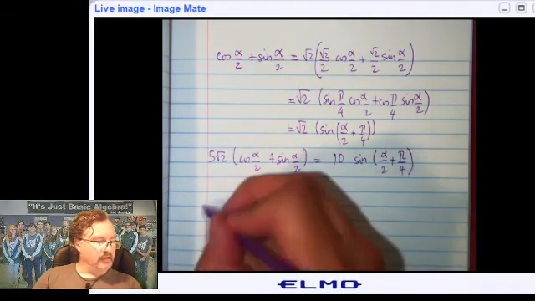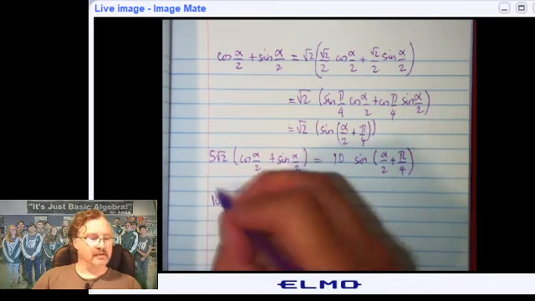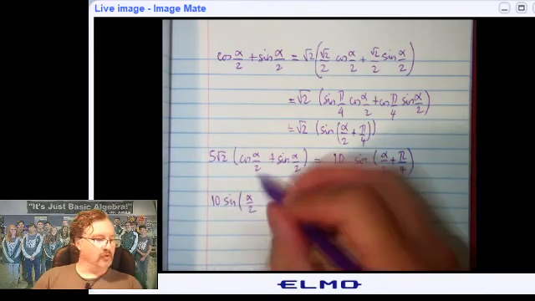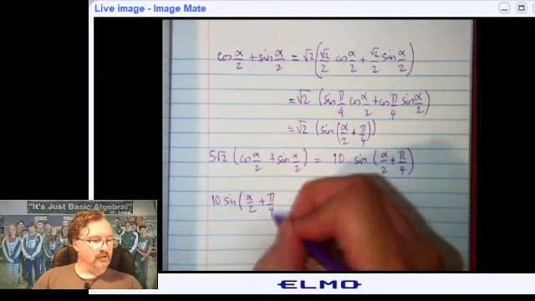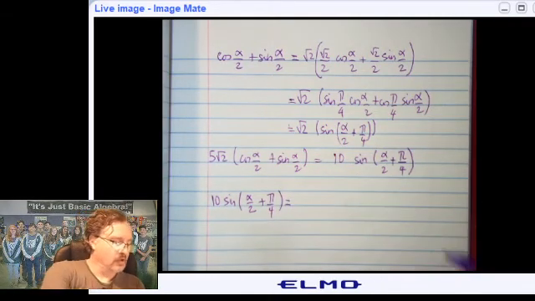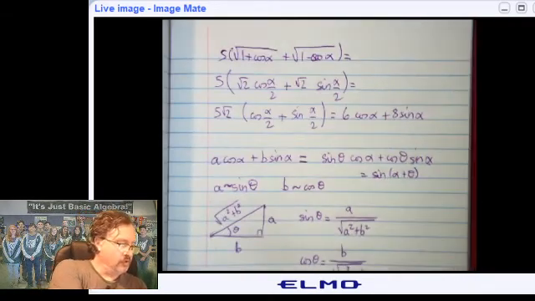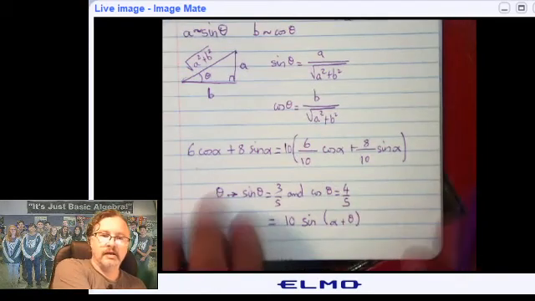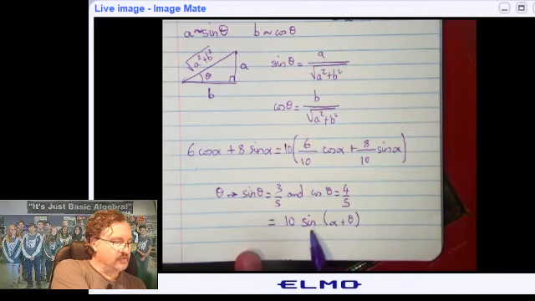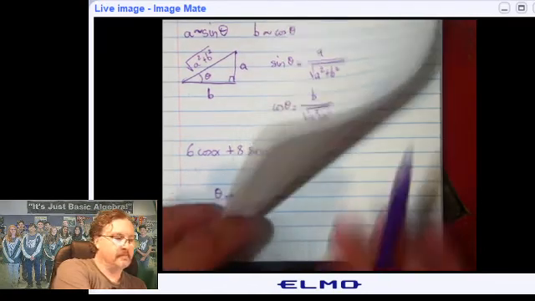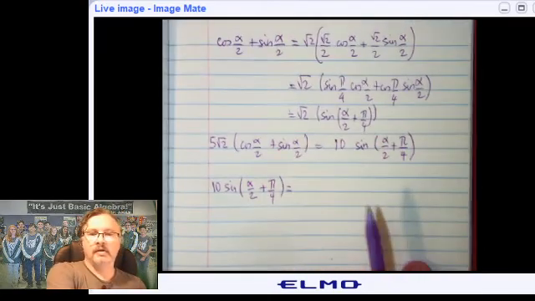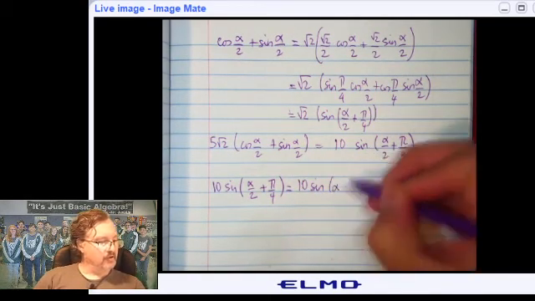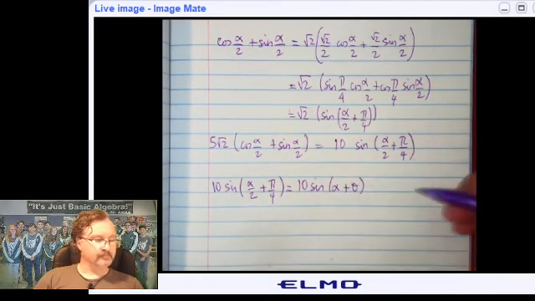Let's rewrite it here. We're going to have 10 times sine of alpha over 2 plus pi over 4 equal, and if you recall, it was equal to 10 sine of alpha plus theta.